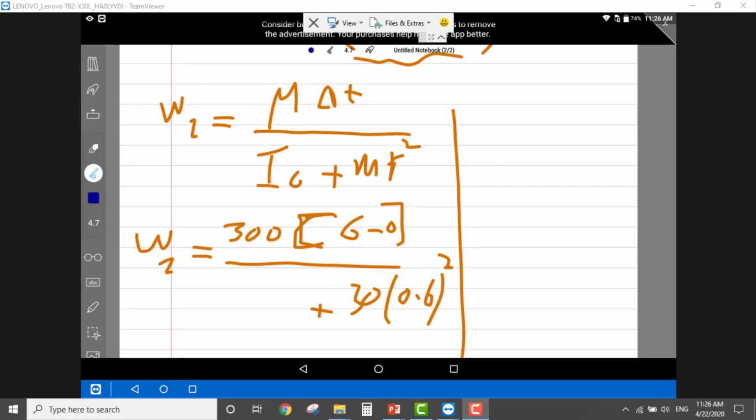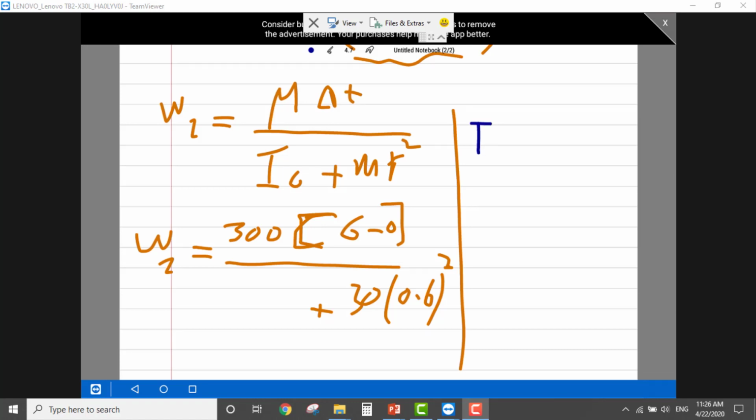Now regarding the mass moment of inertia, how can we calculate it for the wheel? You know that the statement of the problem gave us the radius of gyration. So from the radius of gyration, this is equal to mass multiplied by K O squared. The mass of the wheel is 30, and the radius of gyration is 0.4 squared.